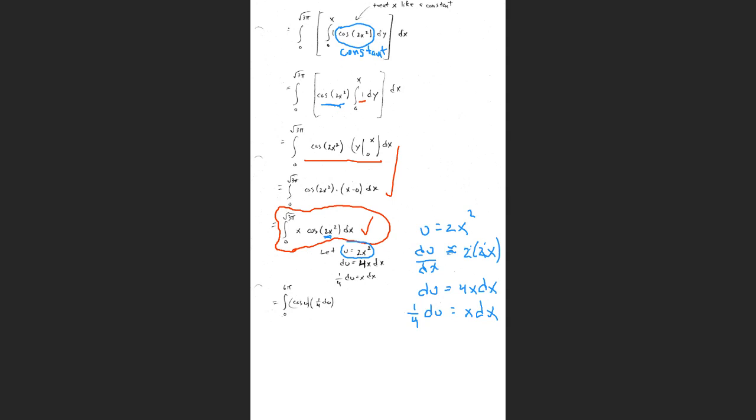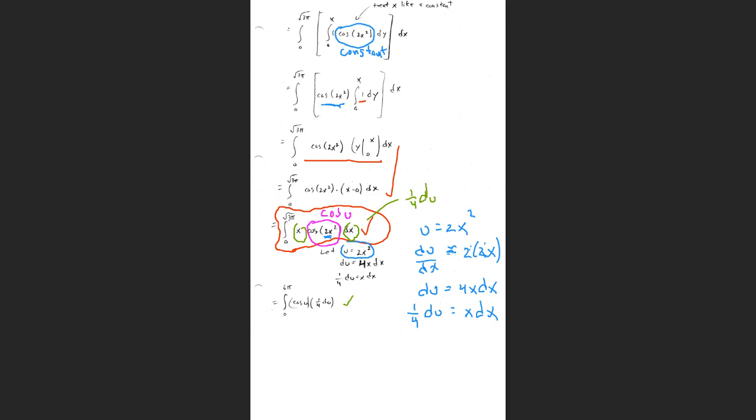We know that the cosine of 2x squared is replaced with the cosine of u, and the x dx part is replaced with 1/4 du. And this then gives us this integral.